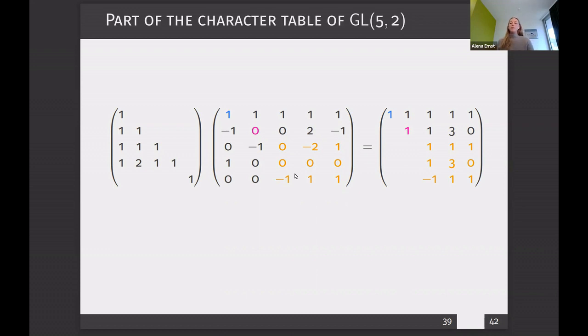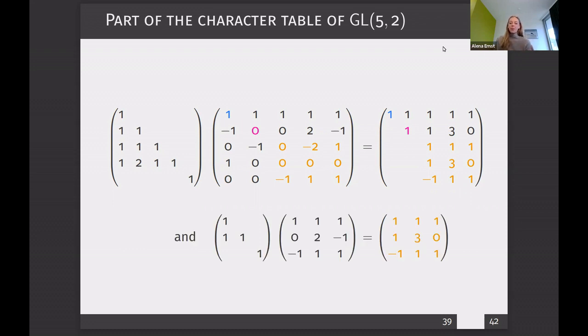Okay, but differently from the symmetric group setting, we now have to do a little bit more work, because it is not an upper triangular matrix, but just a block upper triangular one. So we still have to explain why this little 3 times 3 matrix is in fact invertible. We can do this by using a little bit more representation theory: this matrix is again a product of 2 invertible matrices.